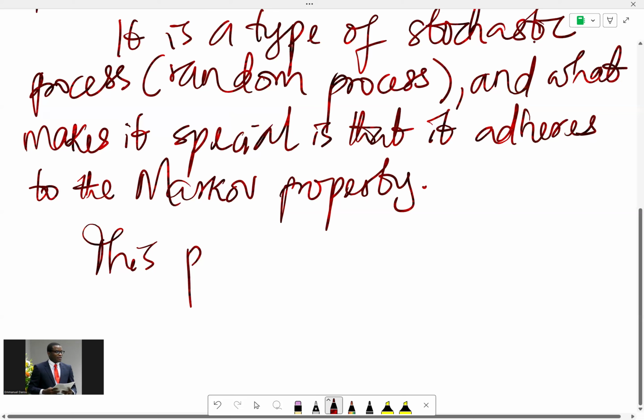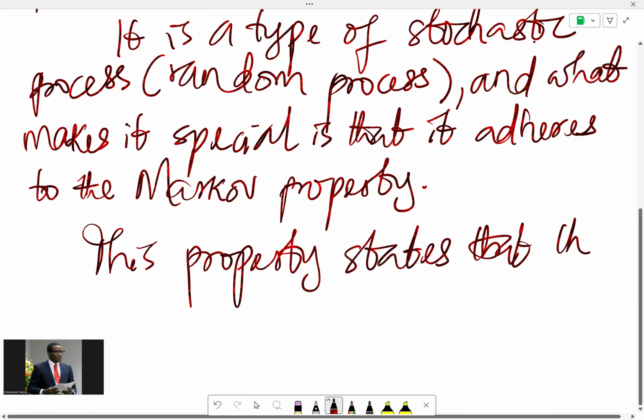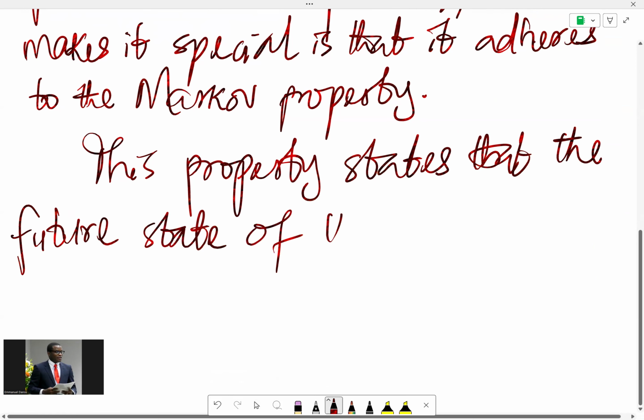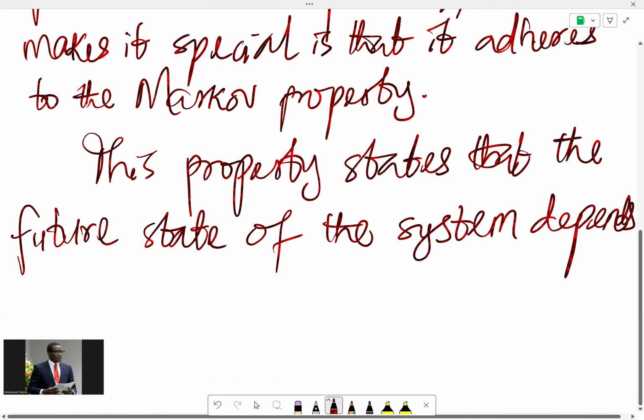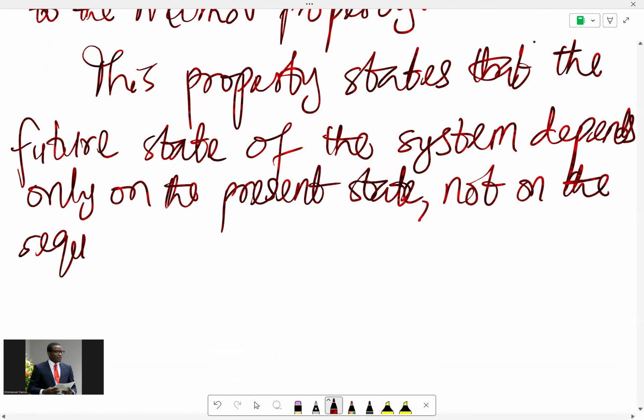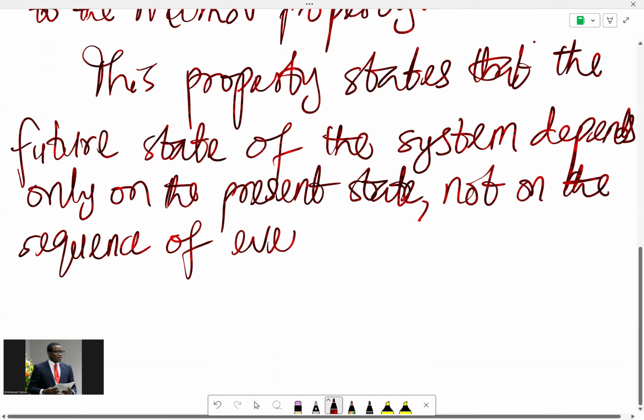This property states that the future state of the system depends only on the present state, not on the sequence of events that preceded it.